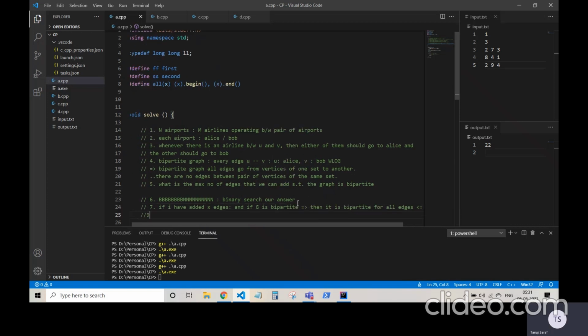What I mean is that if you had added any number of edges less than or equal to x, the graph would have still remained bipartite. And the other case is that if G is not bipartite, then adding more edges, that is greater than x, it would still remain not bipartite.